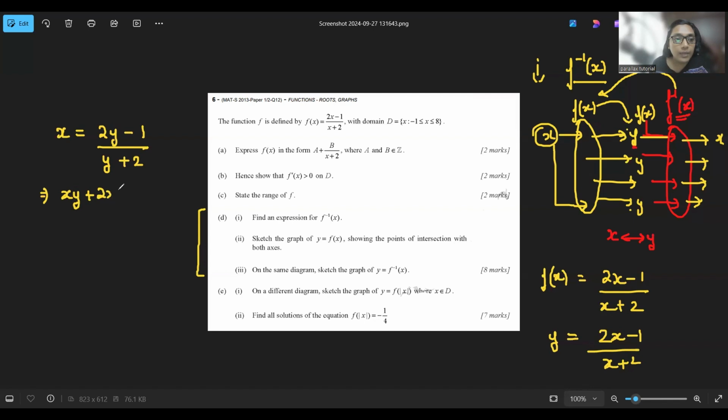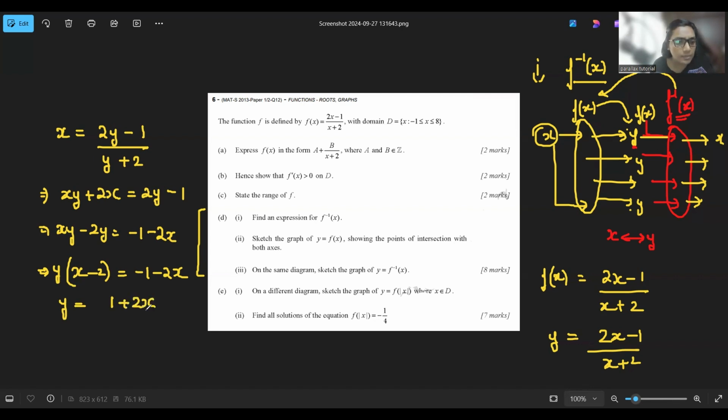xy plus 2x is equal to 2y minus 1. xy minus 2y will be minus 1 minus 2x. And y times (x minus 2) would be minus 1 minus 2x. So y would be, I'm just switching the sign over here, (1 plus 2x) or (2x plus 1) divided by (2 minus x).